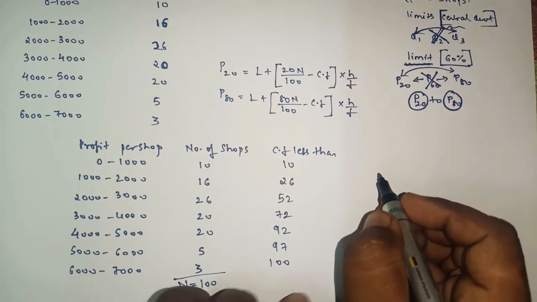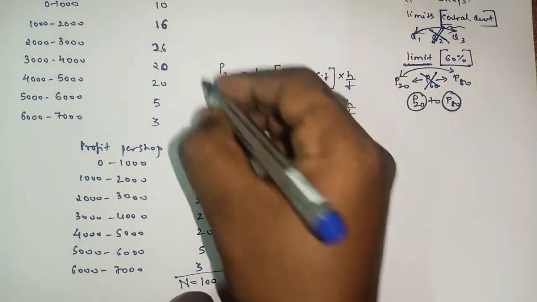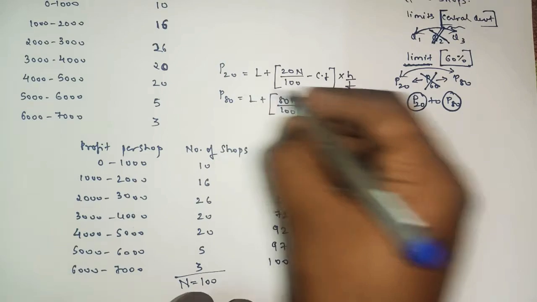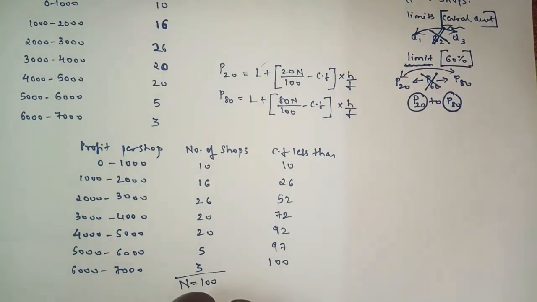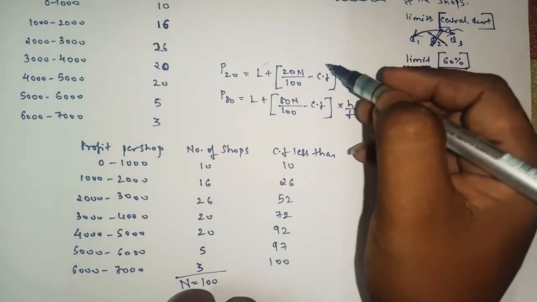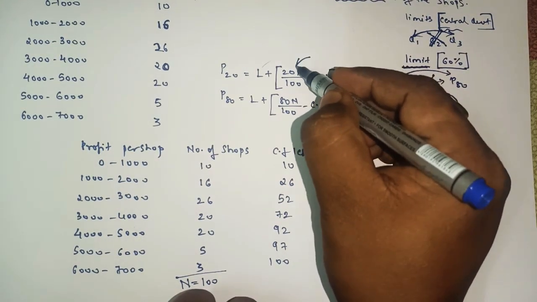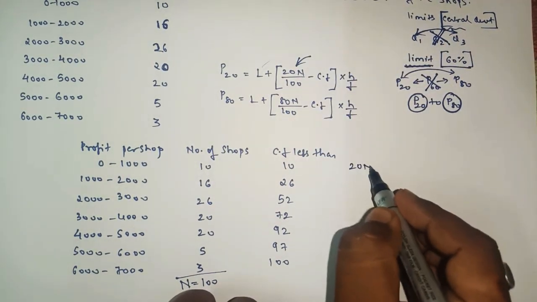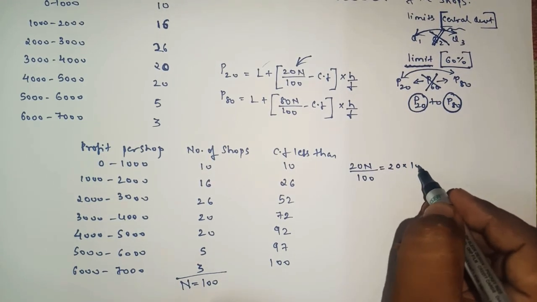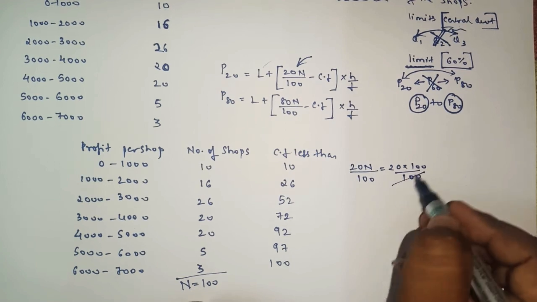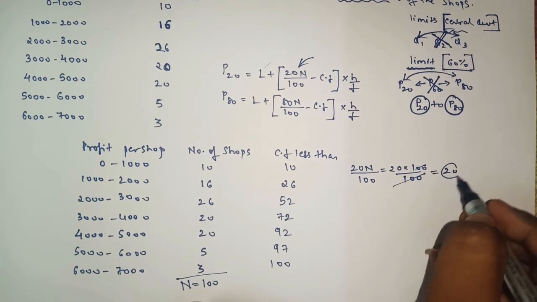So before writing the formula for P20, first we have to find the values of L, CF, N, H and F. Yes or no? So how will you get the answer? It will be with the help of 20N upon 100. So 20 into 100 upon 100, so your 100 will get cancelled, and here you will get 20.